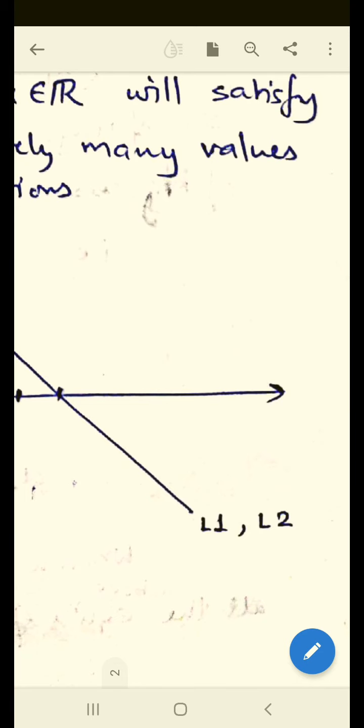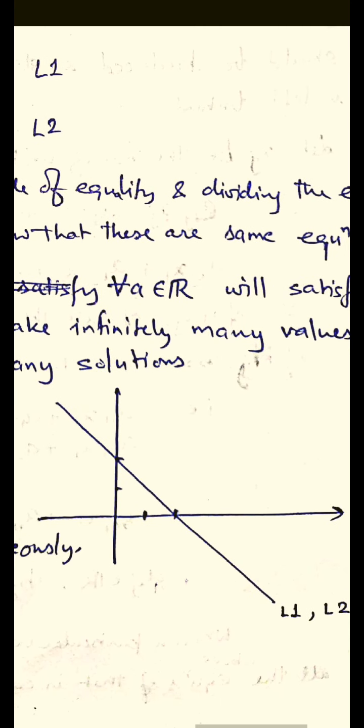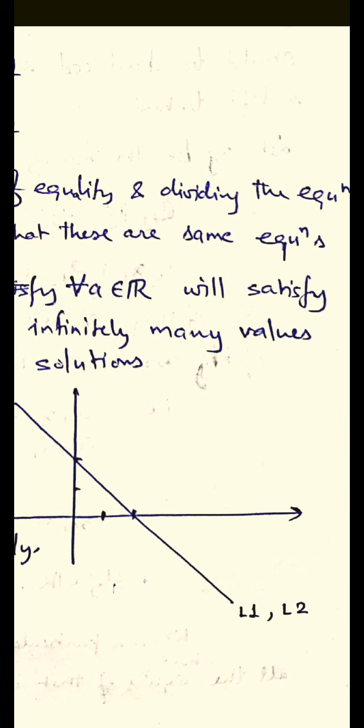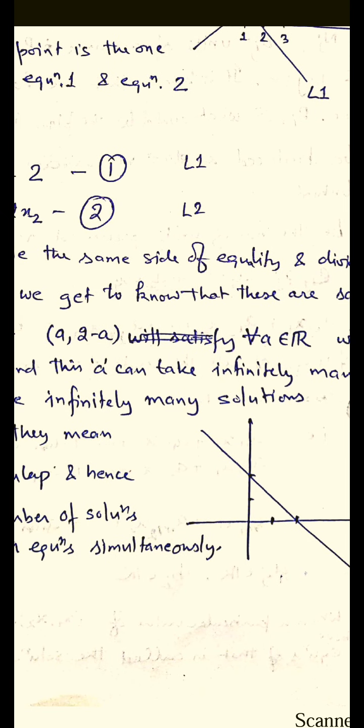All the points that satisfy equation 1 are also going to satisfy equation number 2. In that particular case, you have infinitely many solutions, infinitely many possibilities which can work.